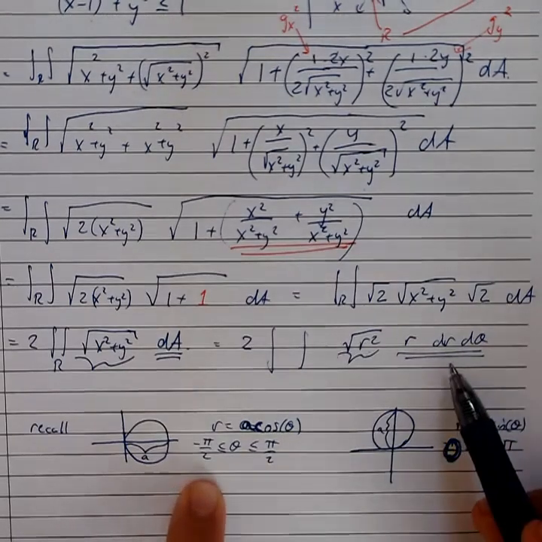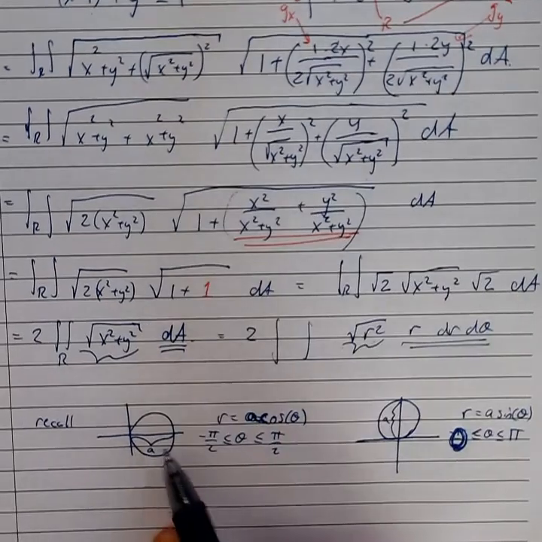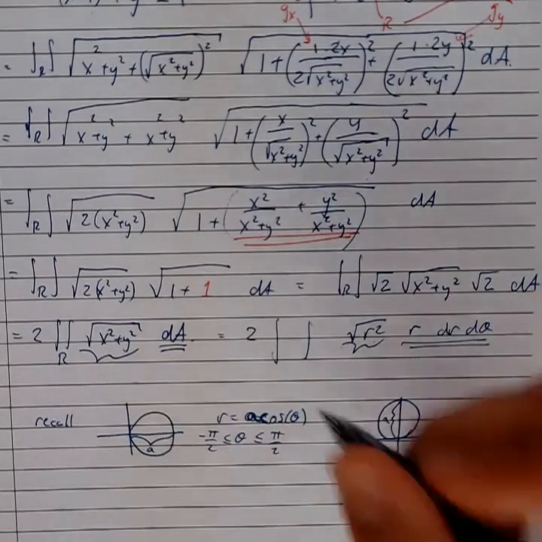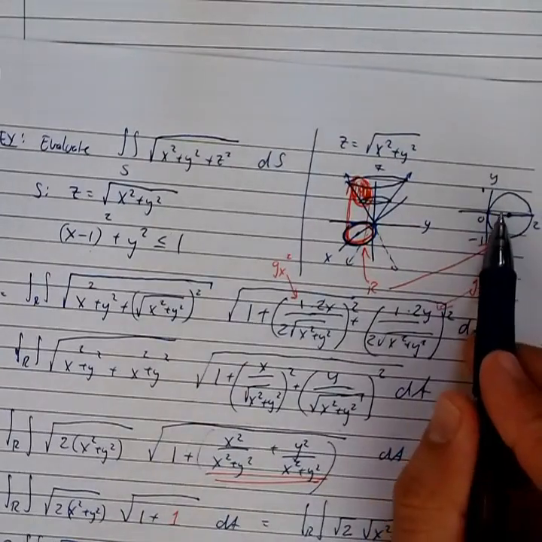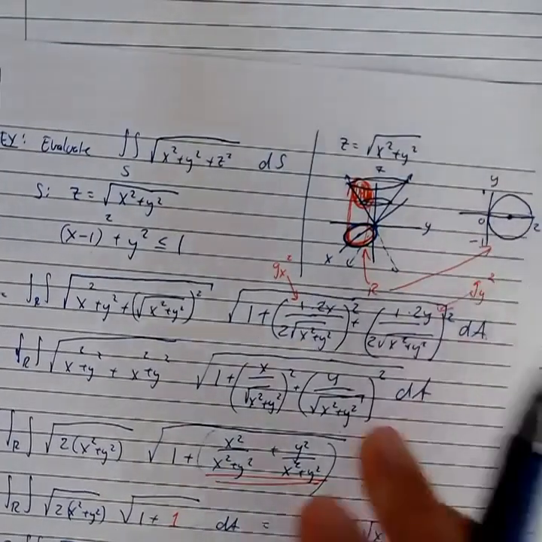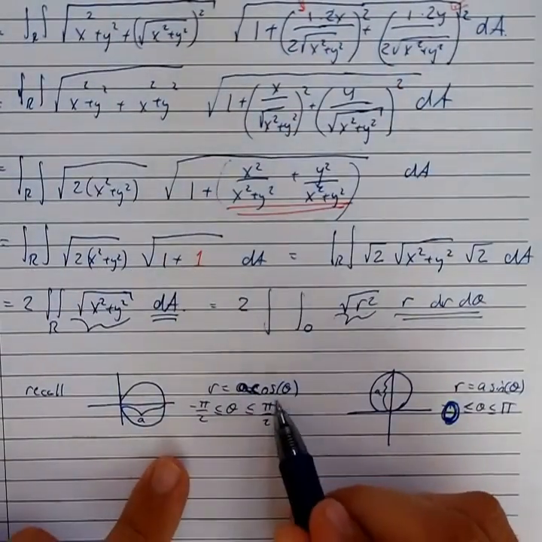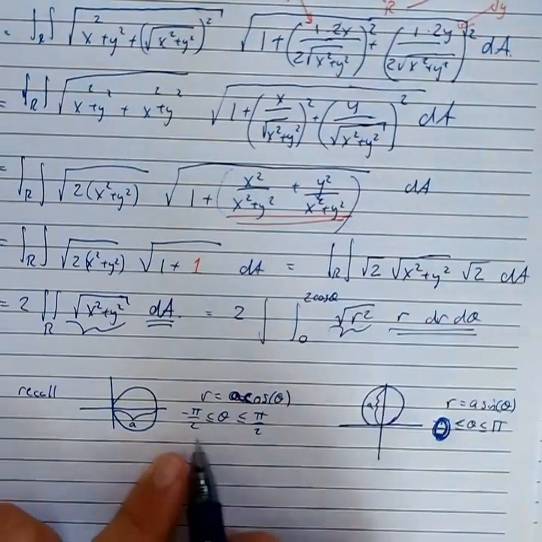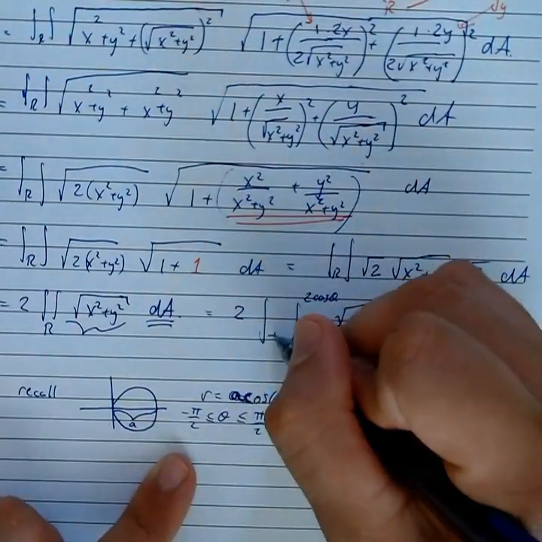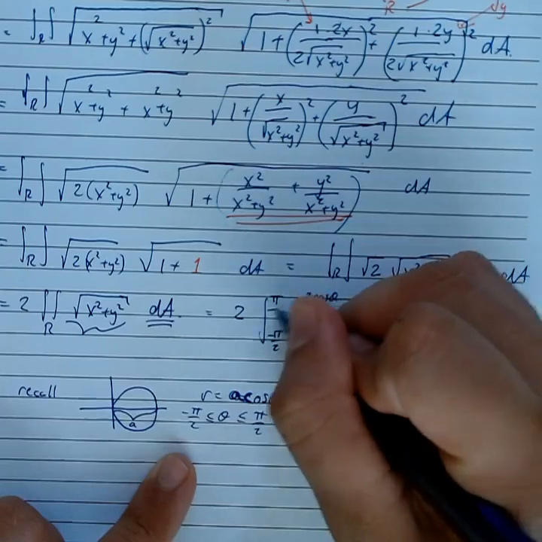So here our value of r is going to start from the origin and go out to that circle. So that'll be 0 up to, note that our circle has a radius of 1, which means its diameter is 2. So this would be 2 cosine of theta. And then our value of theta is bound between negative pi over 2 and positive pi over 2.